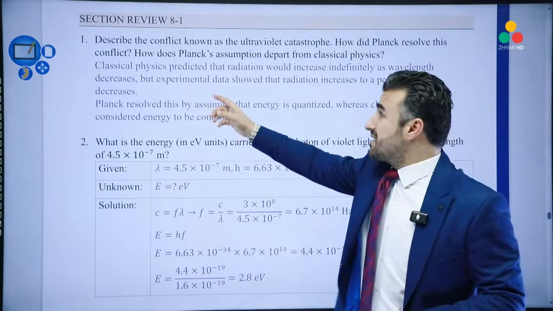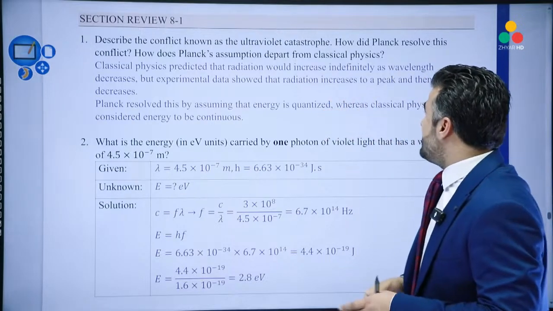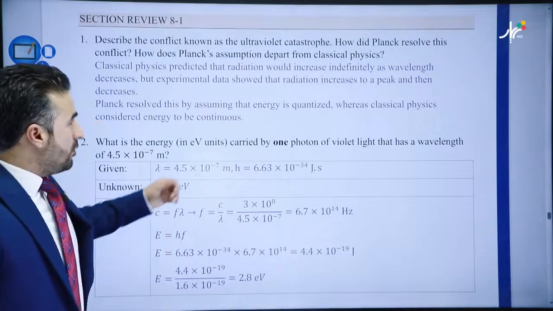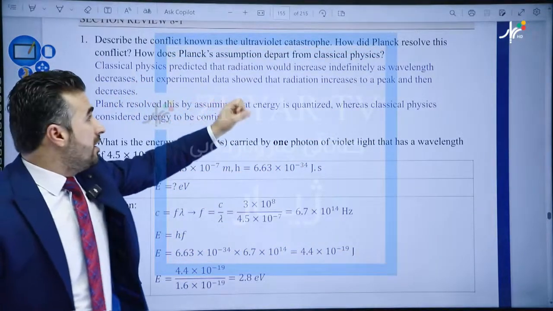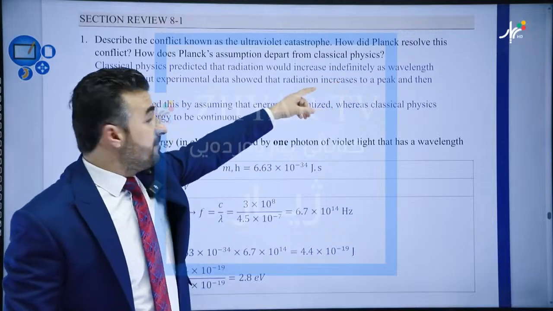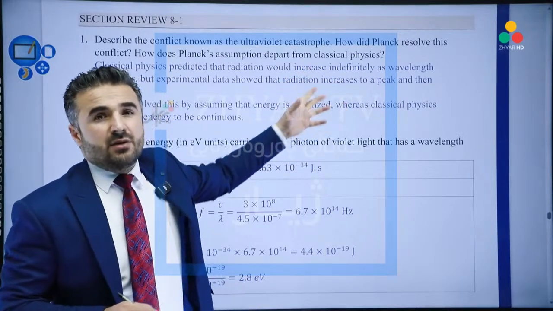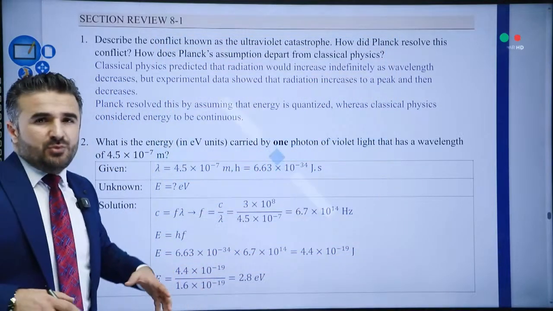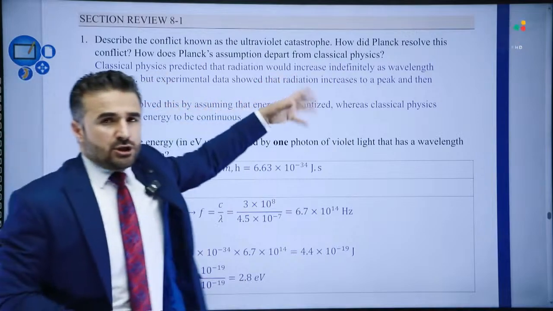Classical physics predicted that the radiation would increase indefinitely as the wavelength decreases, approaching shorter wavelengths. They said the radiation becomes infinite, never ending. But experimental data show otherwise.